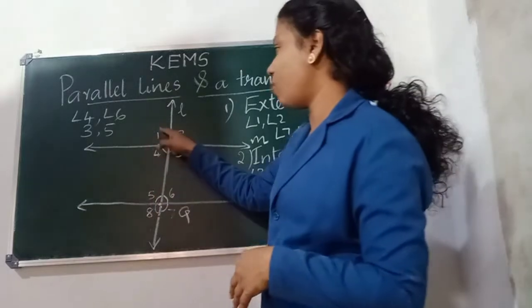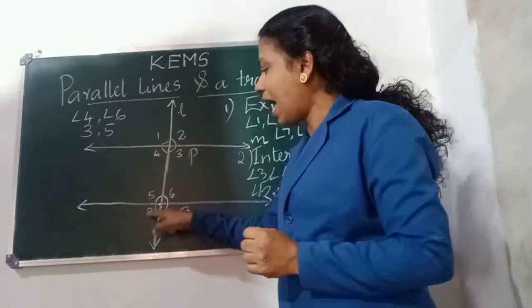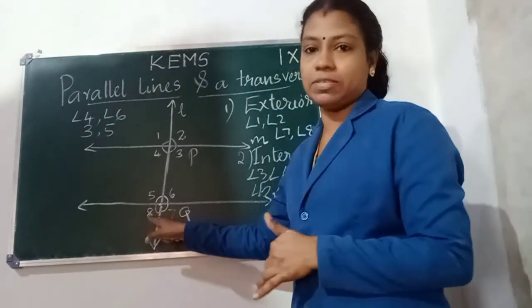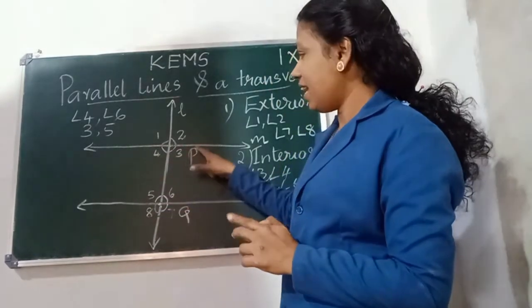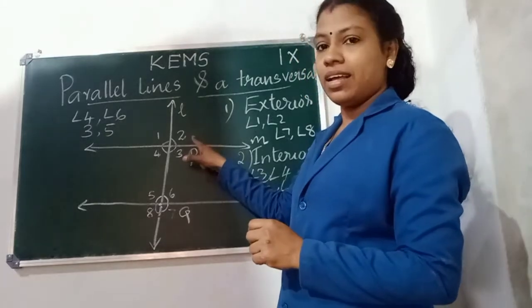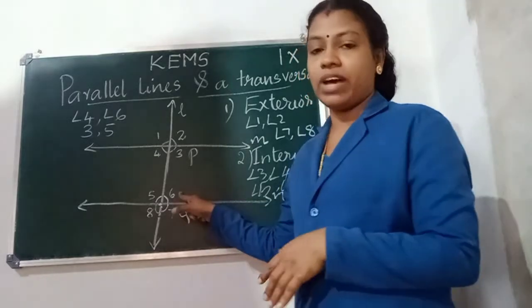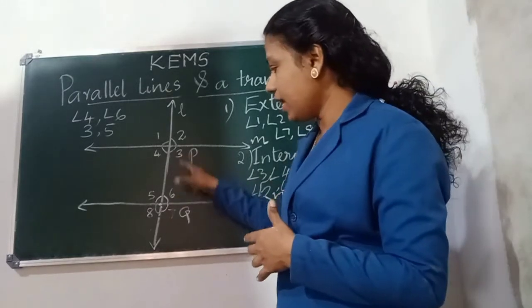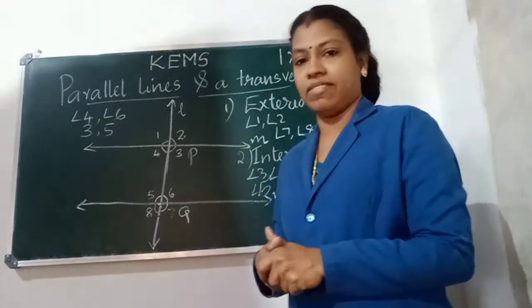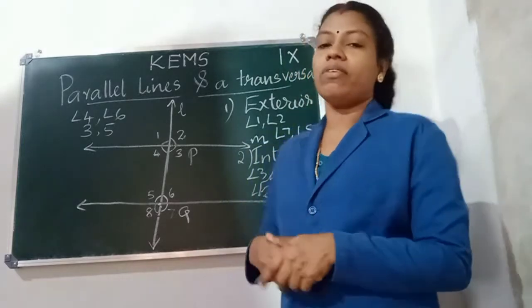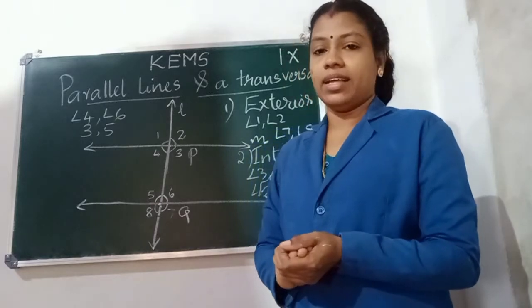Angle 4 and 8 are another pair. Then 2 and 6 are one pair, and 3 and 7 are another pair. Corresponding means the same position.